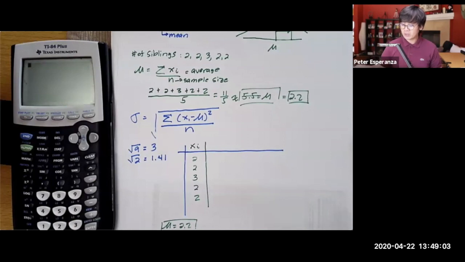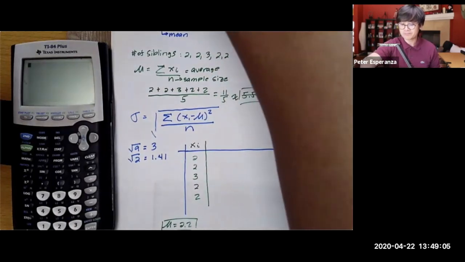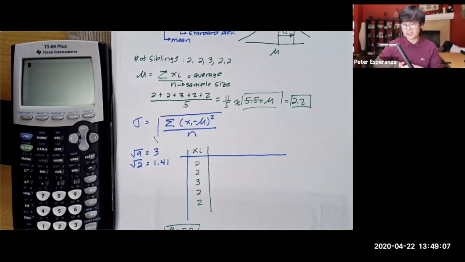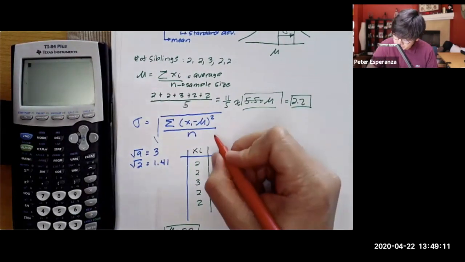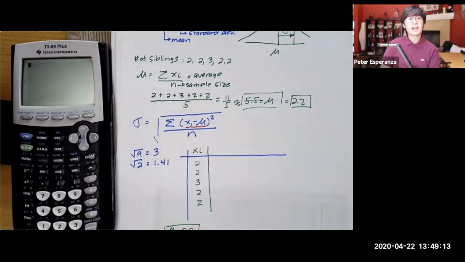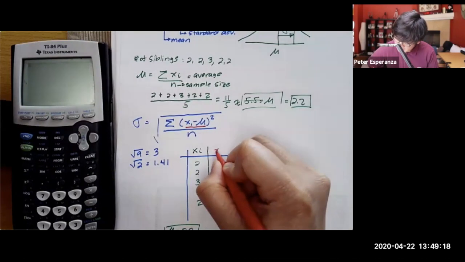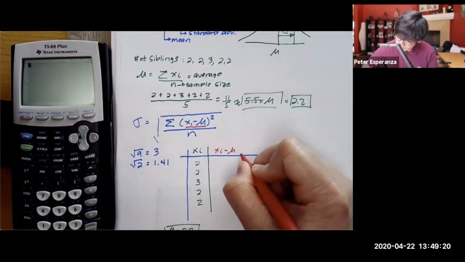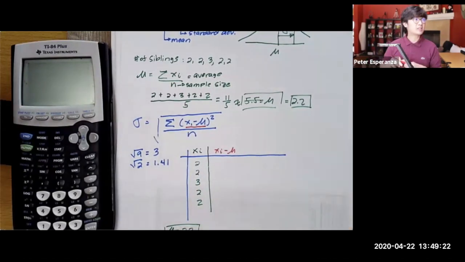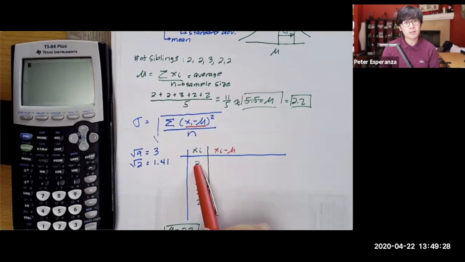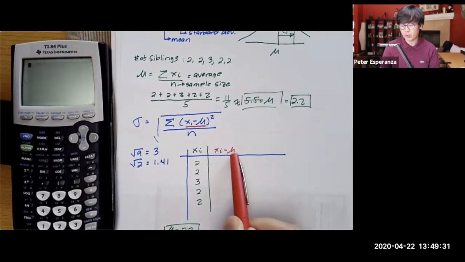Now the next thing we're going to do is make our second column appear. For our second column, all we need to do is write x sub i minus mu. That is our second column. So what does that mean? This is your x sub i, and you're going to subtract your mean from it, and your mean is 2.2.